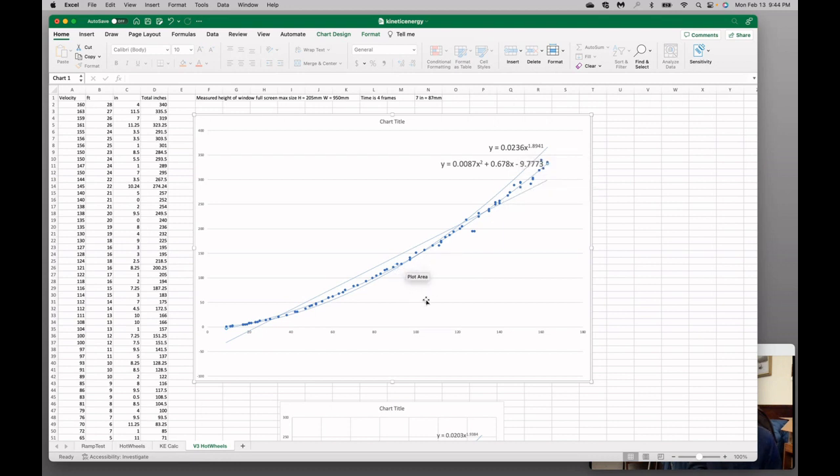That's kind of close to x squared, but it is significantly missing a lot of the data points. It undershoots here and it way overshoots up here. So it's not really x squared either.